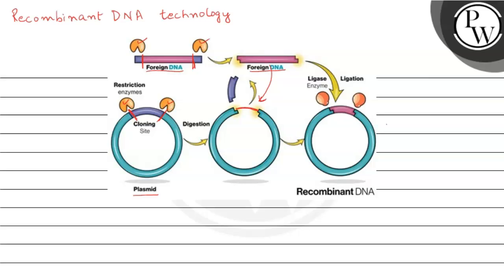After the insertion of the foreign DNA into the site which was cleaved off by the restriction enzyme, we can then have the recombinant DNA. A recombinant DNA is a DNA which has DNA from two different organisms. So this is how restriction enzymes play an important role in genetic engineering.